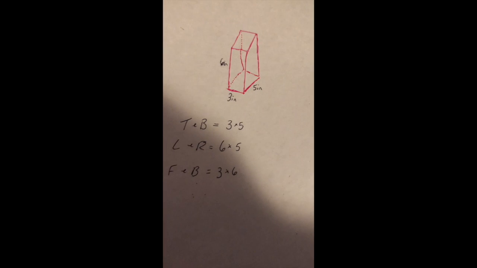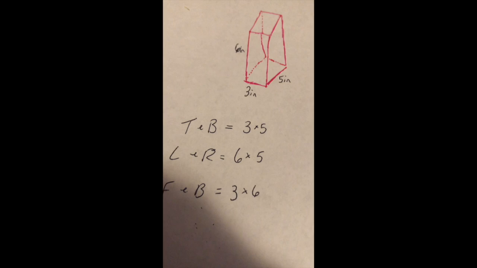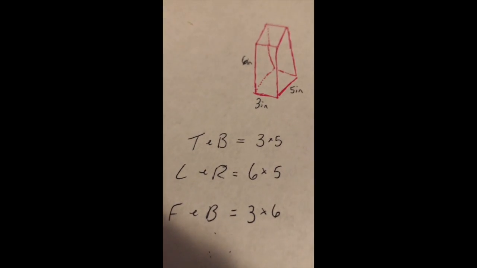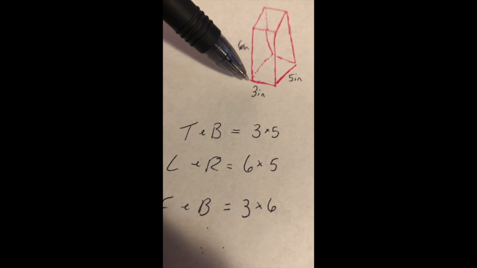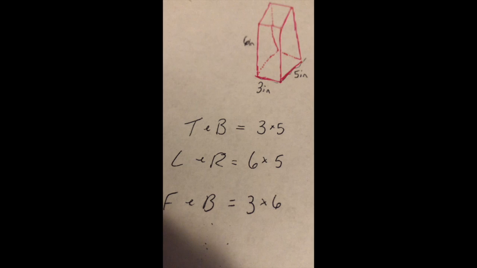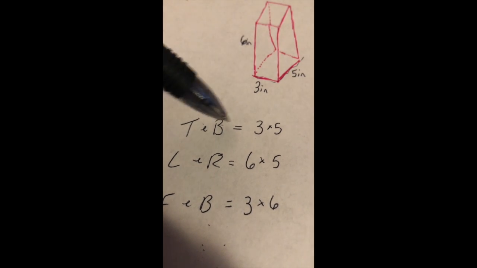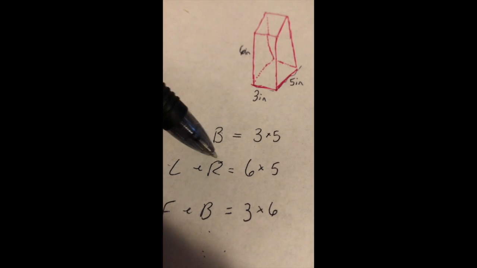One way that I'm looking at this as well that I want you to think about is this way. So I recreated it. No, it's not perfect, but it gives you the idea. So when we look at the top and the bottom, here's the bottom, so we know that that's 3 by 5. So I put top and bottom is 3 by 5. Then I look at the left and the right.